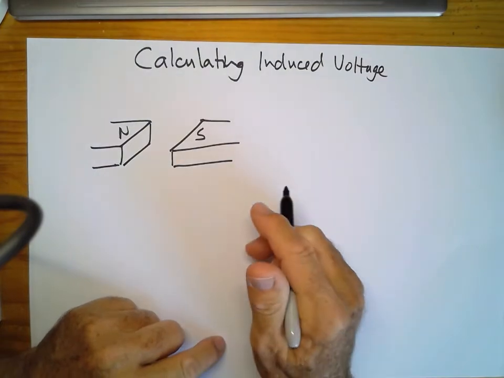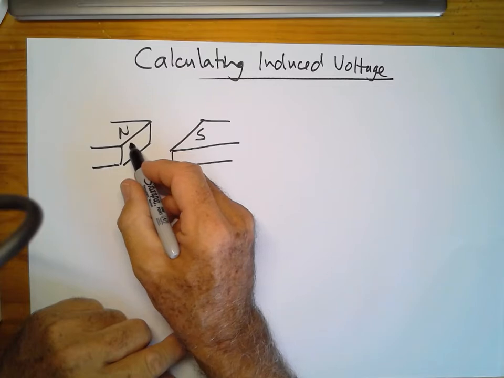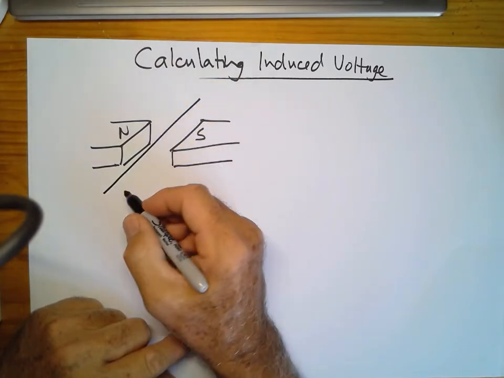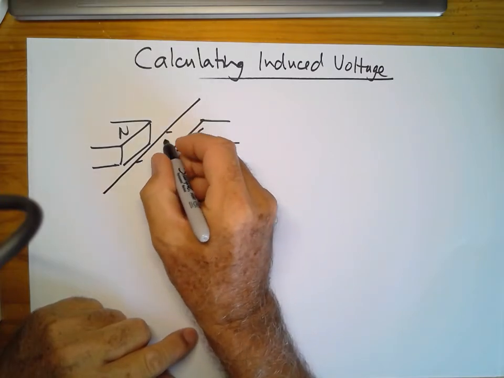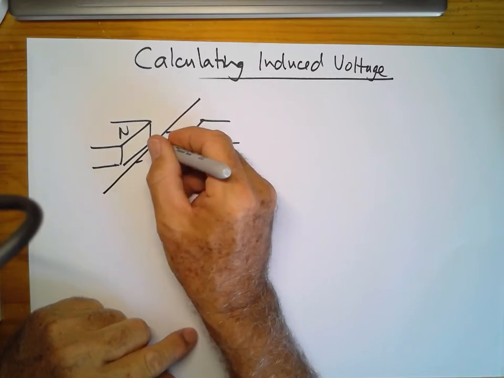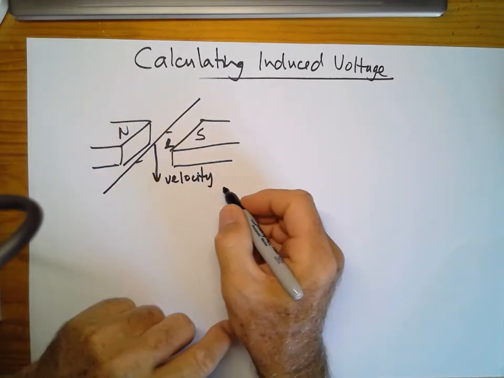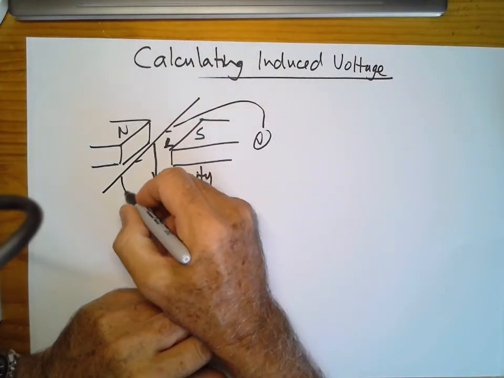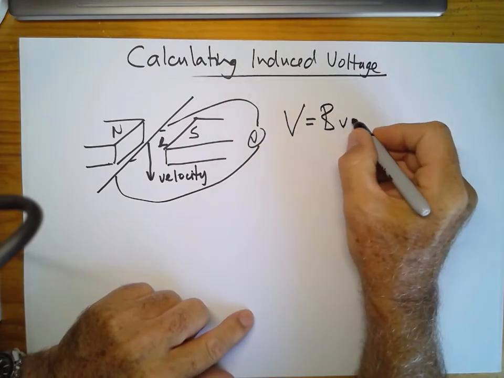So calculating induced voltage, remember we've got a magnetic field between the poles. As we bring this wire of length L within the magnetic field, and move it with a velocity v, the induced voltage between the ends is equal to BvL.